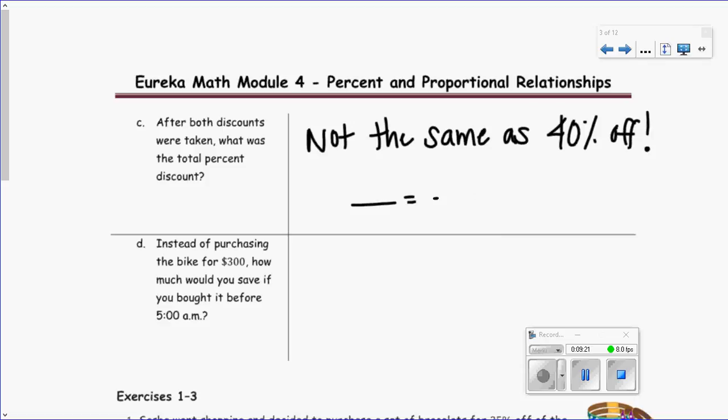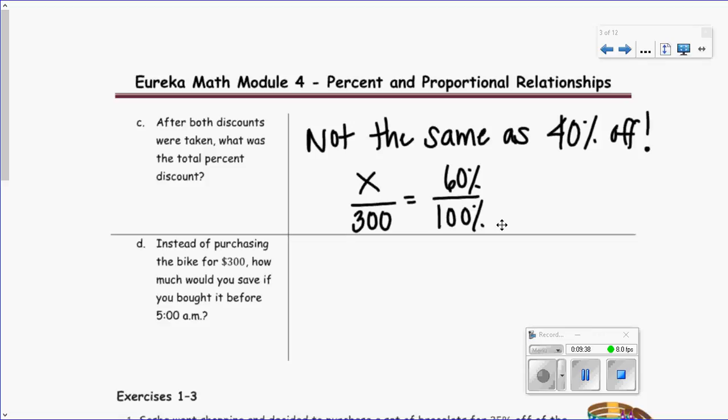Okay, if I were to take 40% off of the original price of the mountain bike, that would be 60% of the mountain bike because 40% off. And if you solve this, you do not get the same thing. You actually get 180.